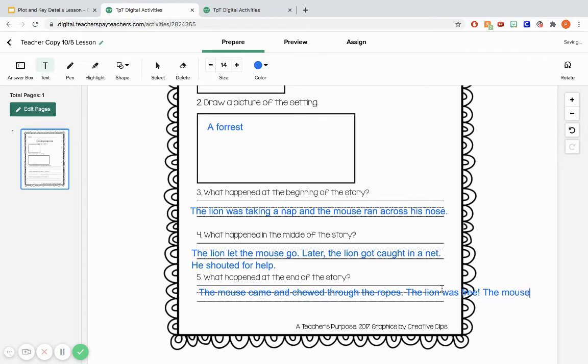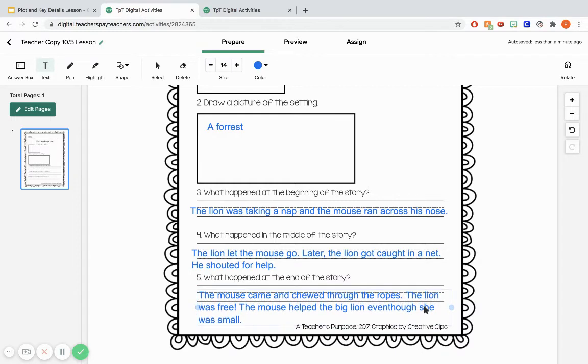The mouse helped the big lion, even though she was small. See how I used up my line, but I wanted to put some more information, so I just let it go beyond the line. Don't be afraid to add more if you need to.